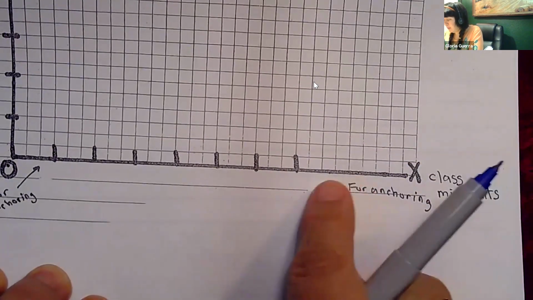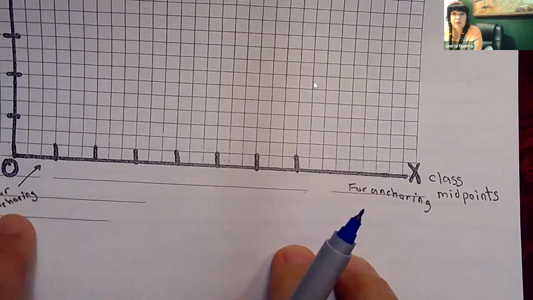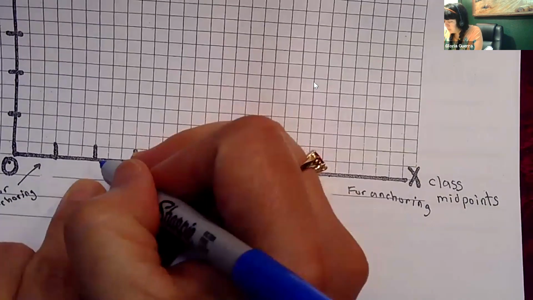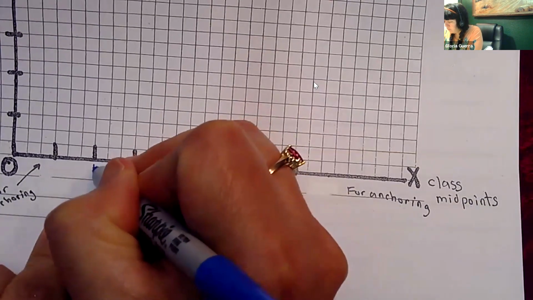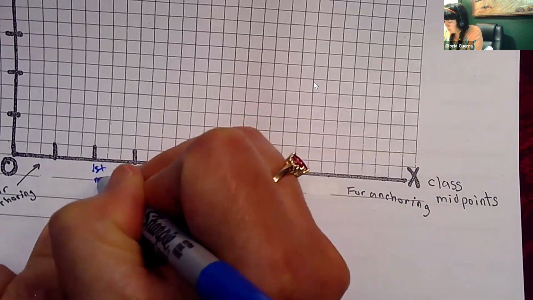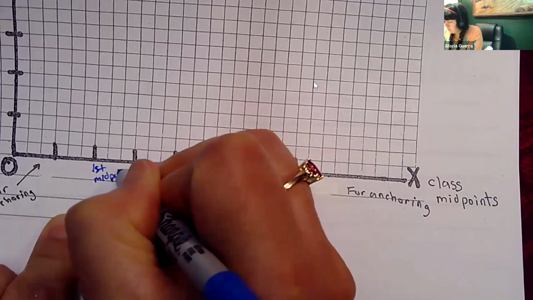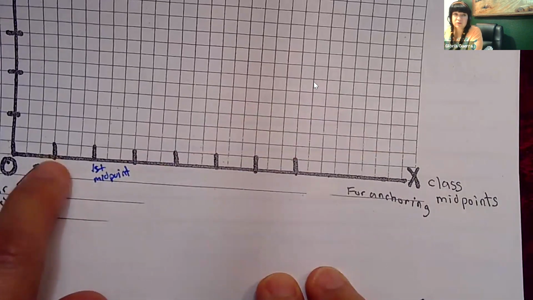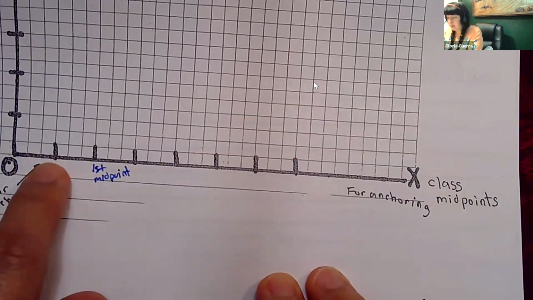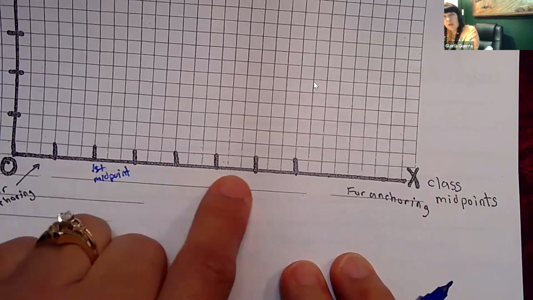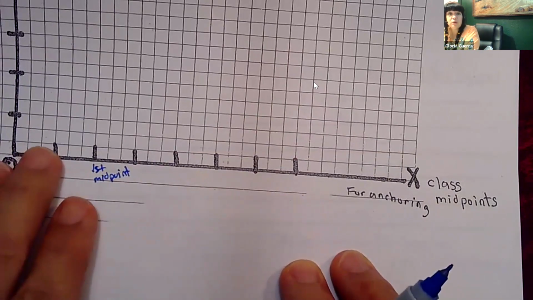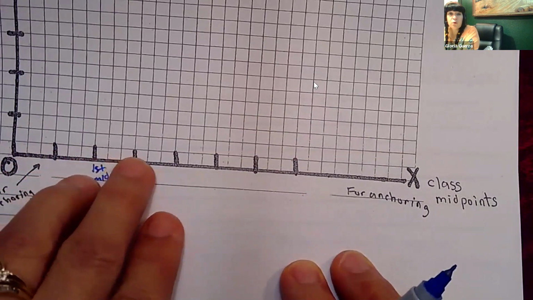But the idea is, I just want to remind you, anchor at the beginning and at the end. So this one here is not for the first midpoint. This is to anchor it. I just did increments of 3. If you have your own graph paper, you can do increments of 3 or 4, however you need.